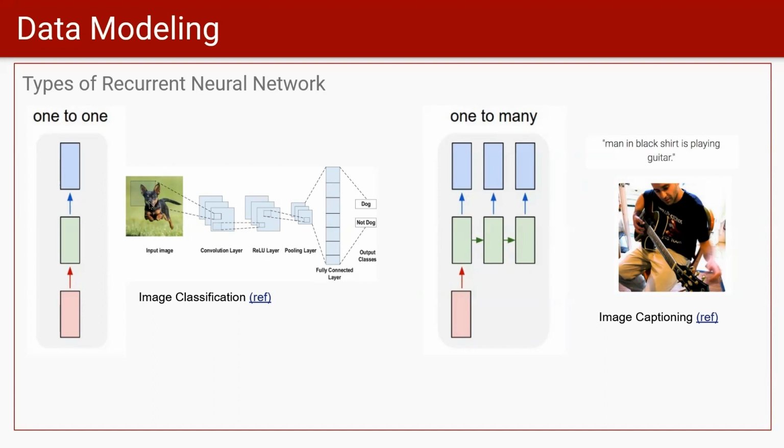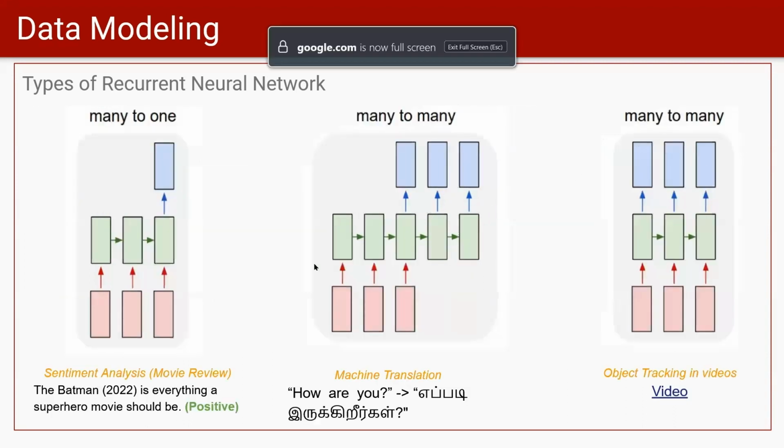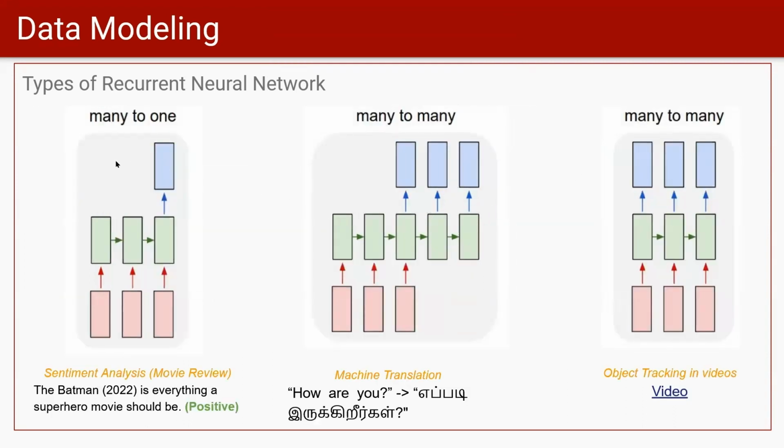Here we have one input image and one output, which tells us whether the animal in the image is a dog or not. We also have the one-to-many network with one input image and a series of words or sentence as output. The one-to-many variant is a common use case for image captioning. There's also the many-to-one network, which is used for sentiment analysis.